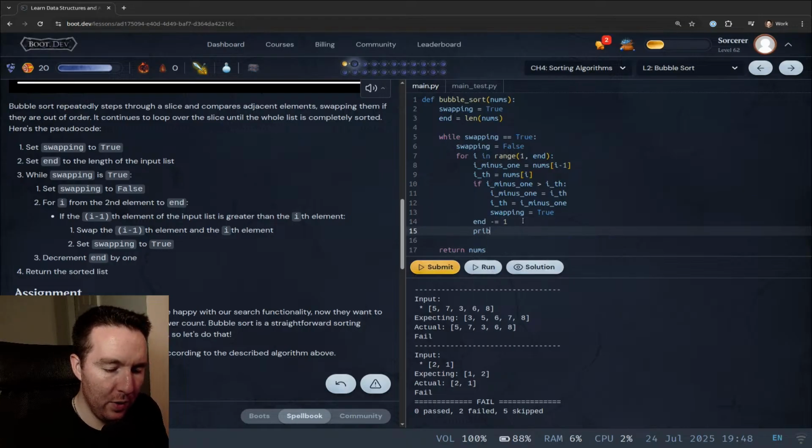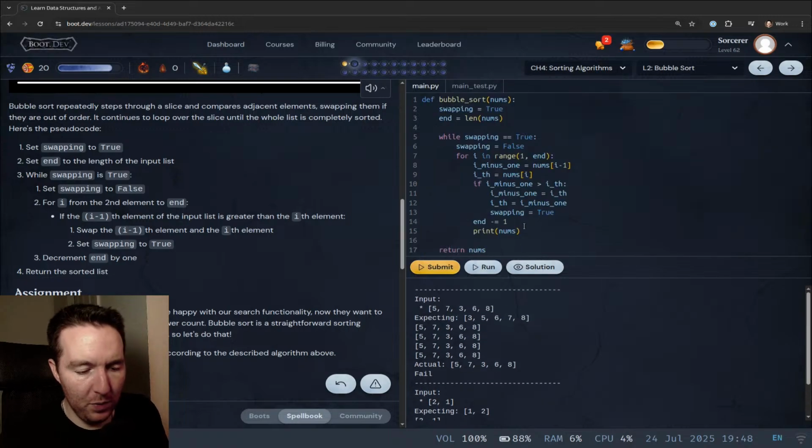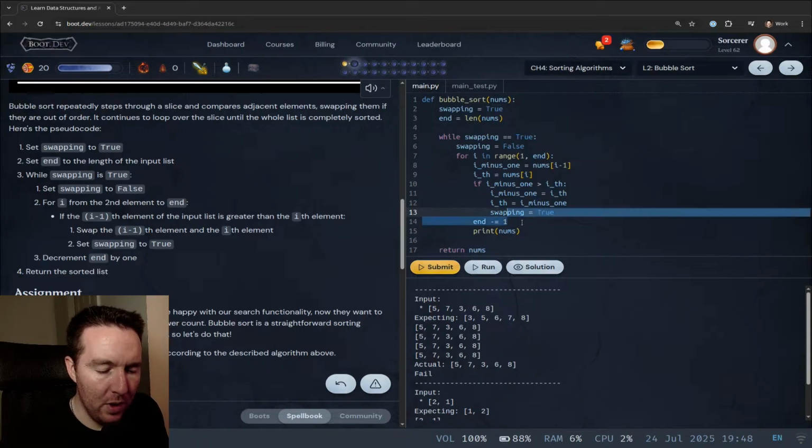So I guess for this we print nums and just see what it is as we step through. Right, it never changes, so something's not right here. Does it ever hit this function?